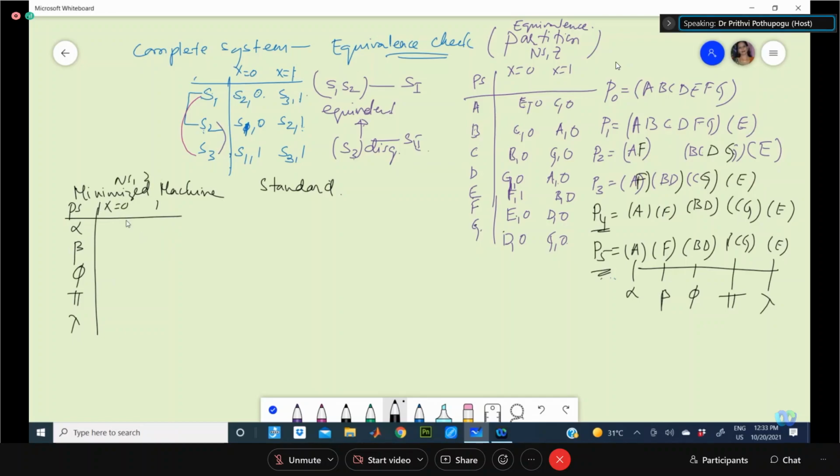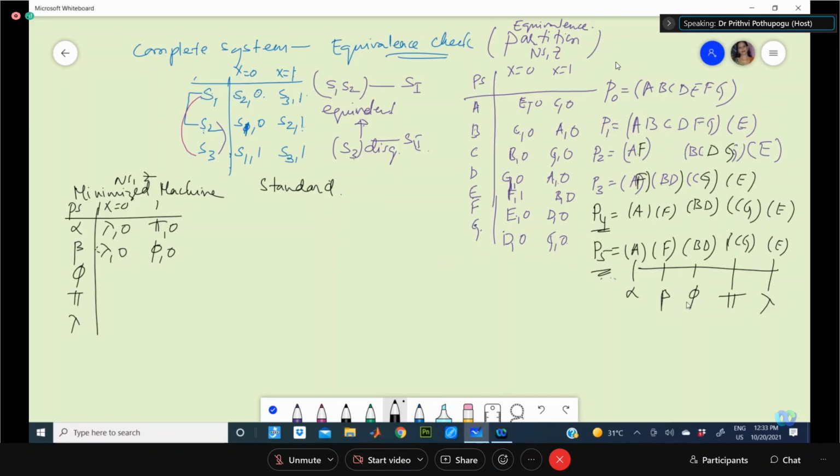If you take alpha, which is A, A goes to E. E is lambda 0. And A goes to C. C is phi of 0. Next, beta is F. F goes to E. E is lambda 0. And F beta goes to D. D is phi of 0.